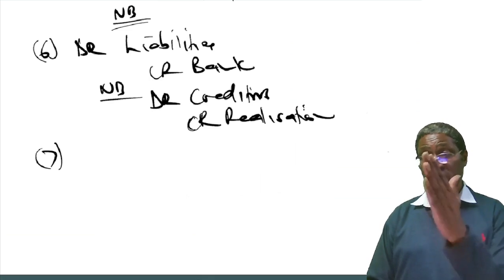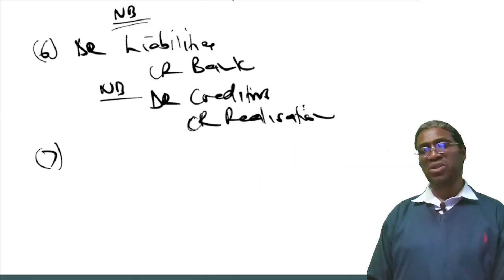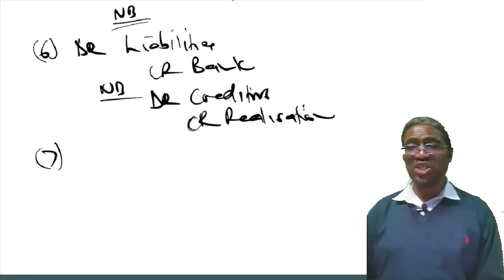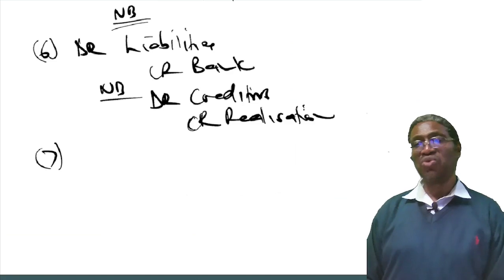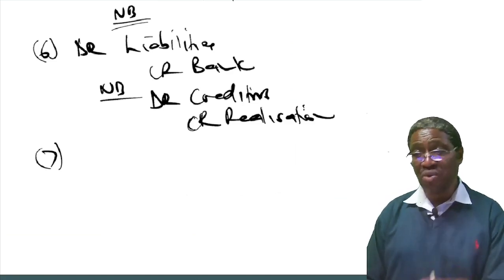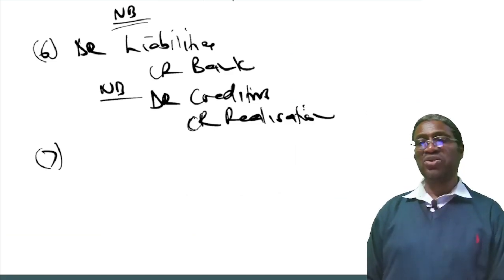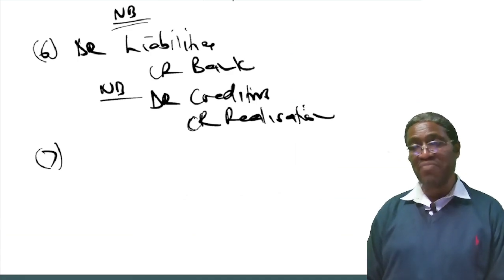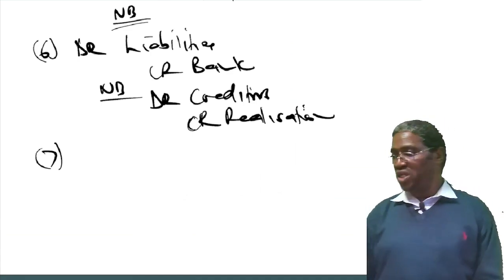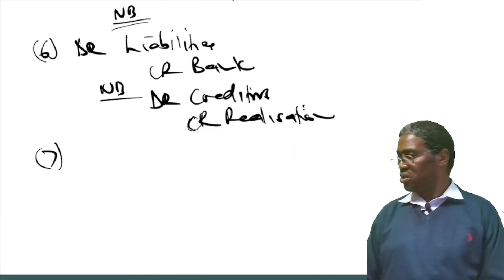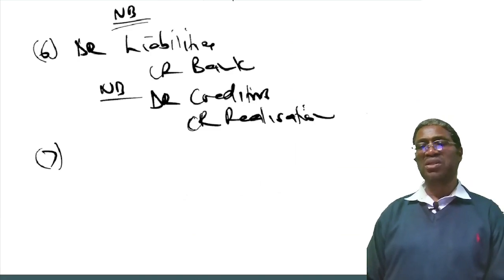Number 7 says, transfer the balance of the ordinary share capital to the ordinary shareholders members account.